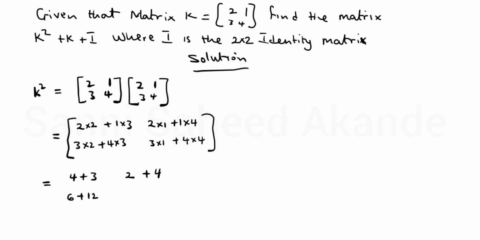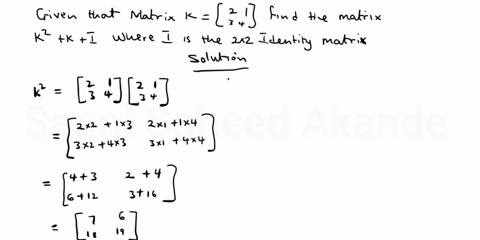Then 3 times 1 is 3 plus 4 times 4 is 16. So let's add this together. Adding it together we get 4 plus 3, that is 7, 2 plus 4, 6, 12 plus 6, that is 18, and 16 plus 3 is 19. Okay, so that's our K square.